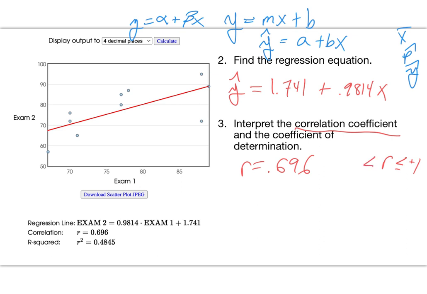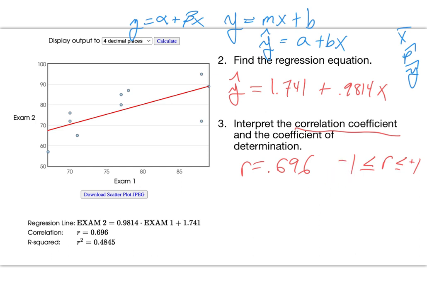The least it can ever be is negative 1. If there is no linear relationship, R will be close to 0. If there is a strong positive linear relationship, R is equal to 1. If there is a strong negative relationship, R is close to negative 1.